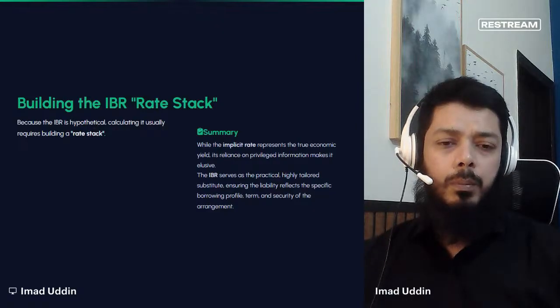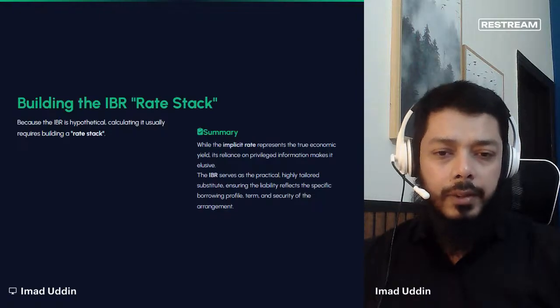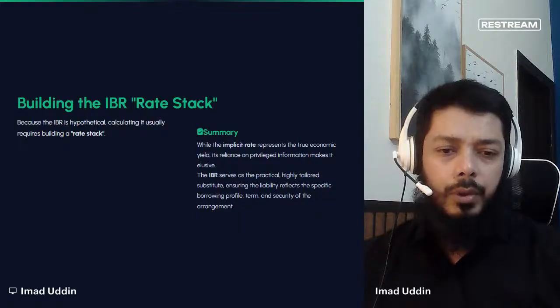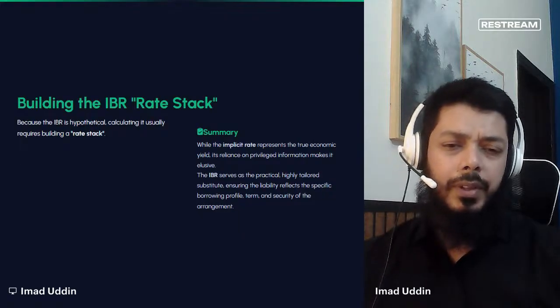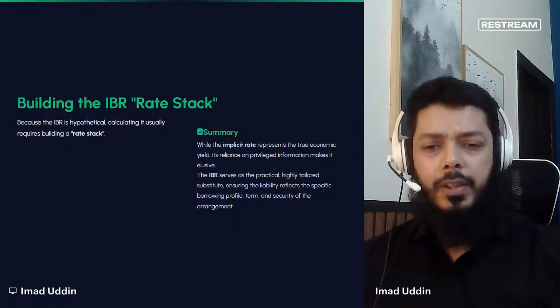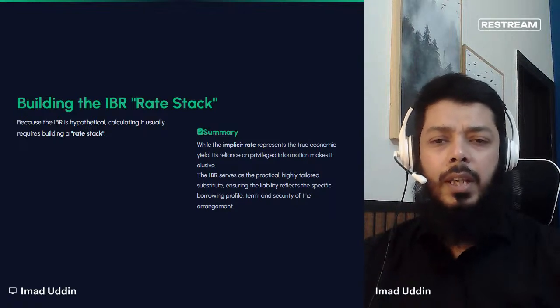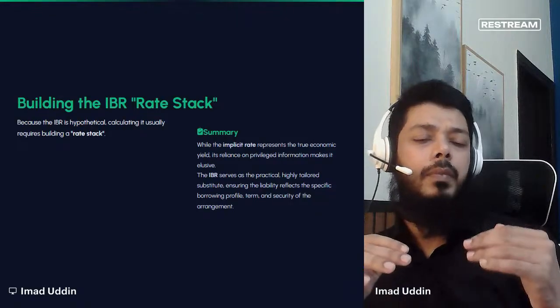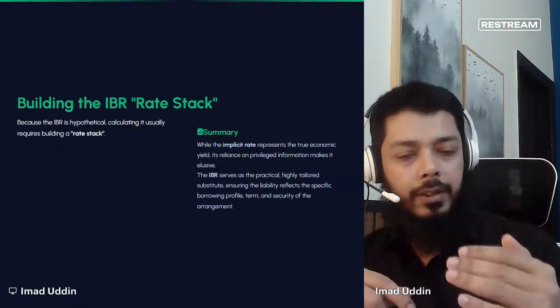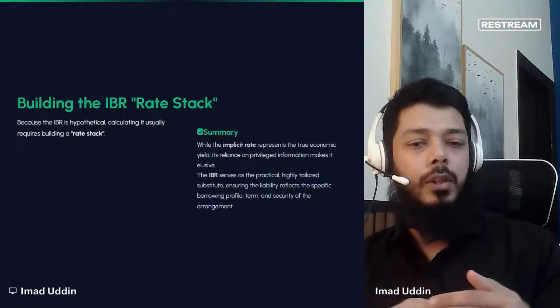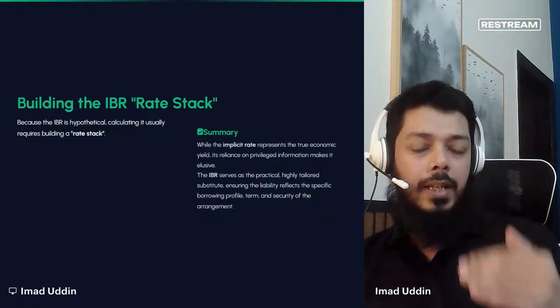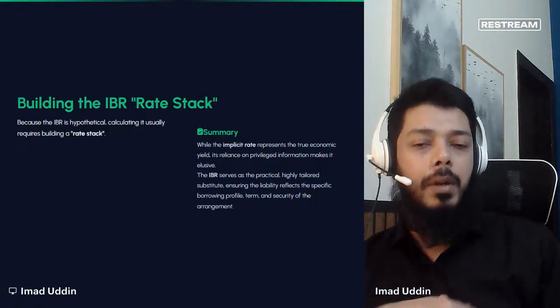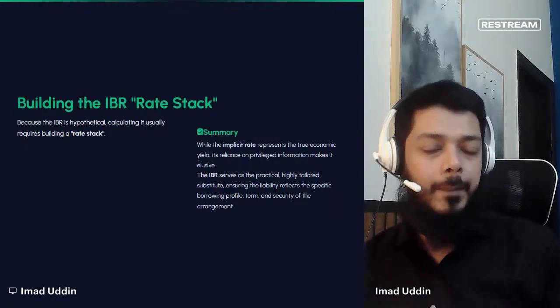The IBR serves as the practical, highly tailored substitute, ensuring the liability reflects the specific borrowing profile, term, and security of the arrangement. And so we estimate it based on what the risk-free rate is, what the credit rating is, and what the collateral risk is, and all those things stacked up make up the incremental borrowing rate of the lessee.